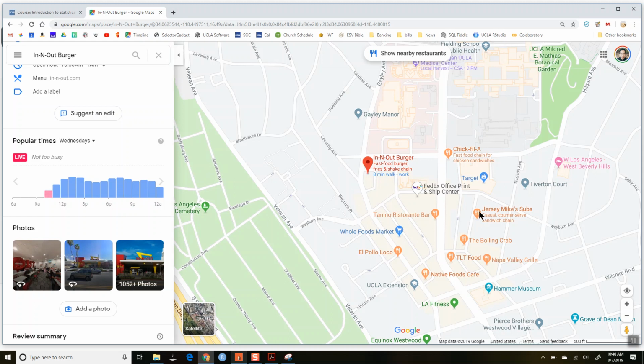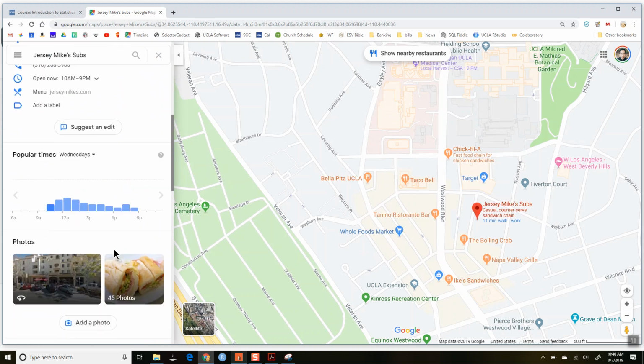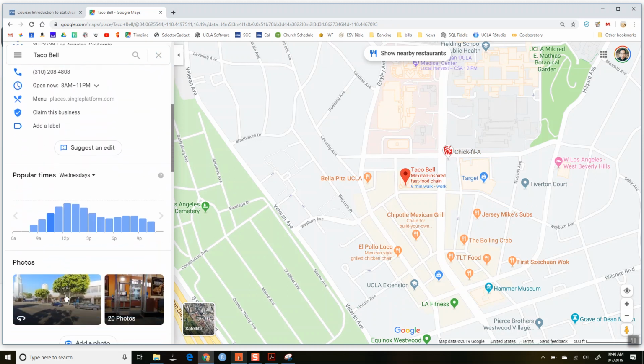I don't know, let's see. Jersey Mike's, I don't think anybody eats dinner there, right? Yeah, well, I guess a few people do. Taco Bell, we're gonna see the peak at midnight here. Oh, okay, no, it's just bimodal, all right. Or is it? No, wait, whoa, Thursdays, what's up with that?